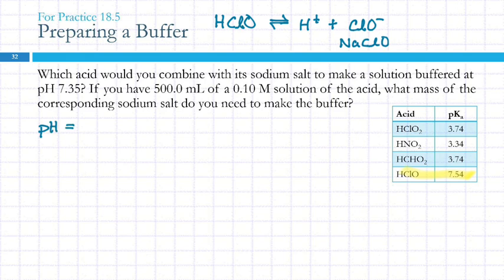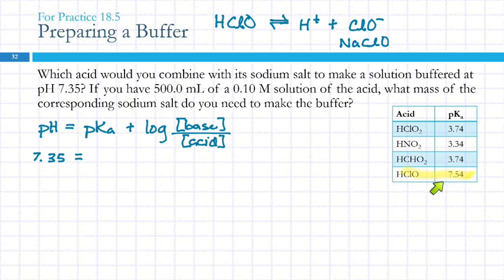So the pH of a buffer is equal to its pKa plus the log of the base concentration over the acid concentration. Do we know what the pH should be? Yeah, 7.35. Previously, we've been calculating the pH. Now they're saying this is the pH, calculate something else. The pKa is this guy, because this is the one that was closest.